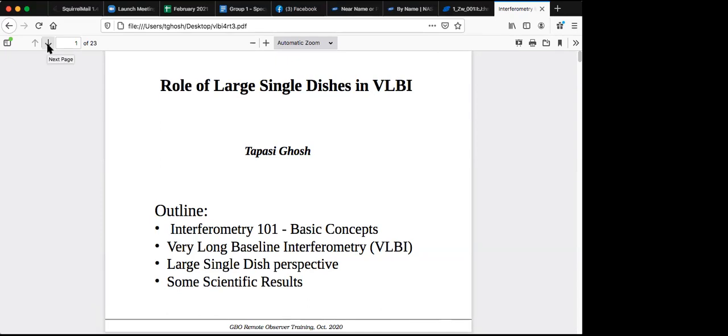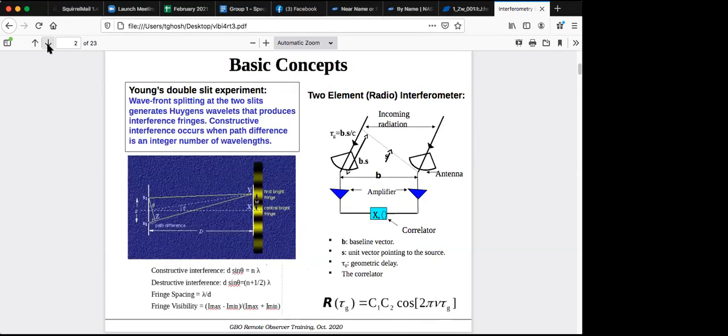Okay, next one. So the basic concept of interferometry itself, we can start with Young's double slit experiment, which many of us might have done in our optics classes, where you have a monochromatic light source, a screen with two pinholes, and then a screen where the light from the two pinholes interferes and forms dark and bright fringes.